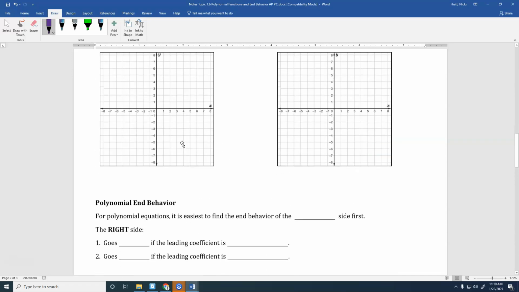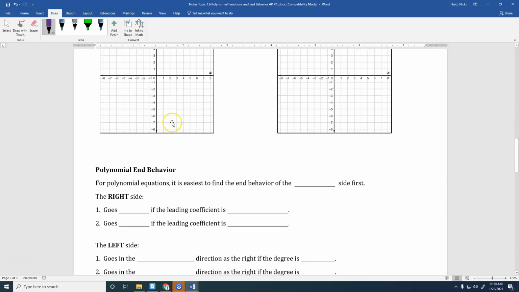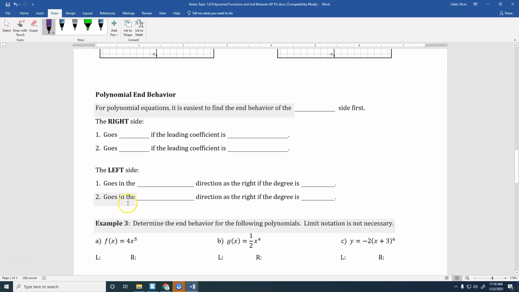Okay, I'm going to skip the sketching of the graph. If we have time, we'll come back to it. Let's make sure we get this filled in here at the bottom. For polynomial equations, it is easiest to find the behavior of the right side first.